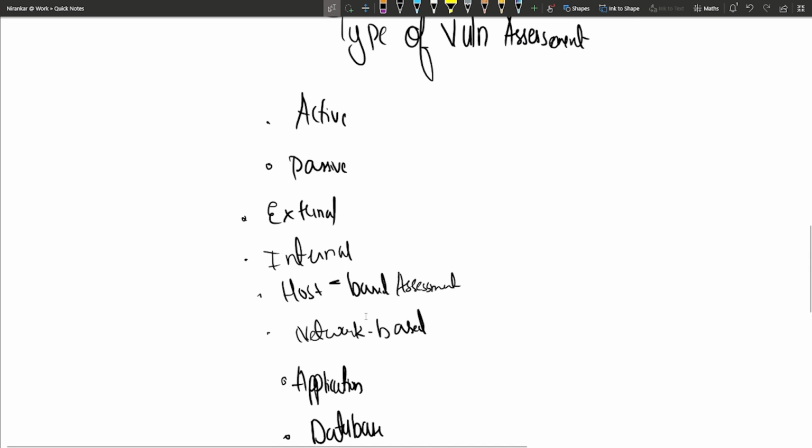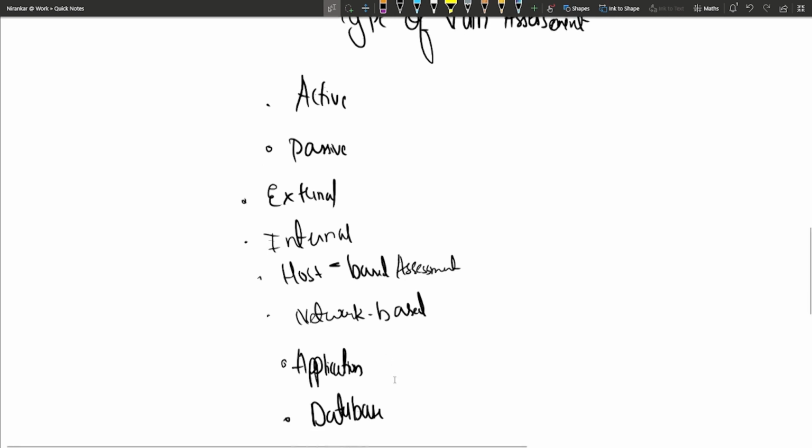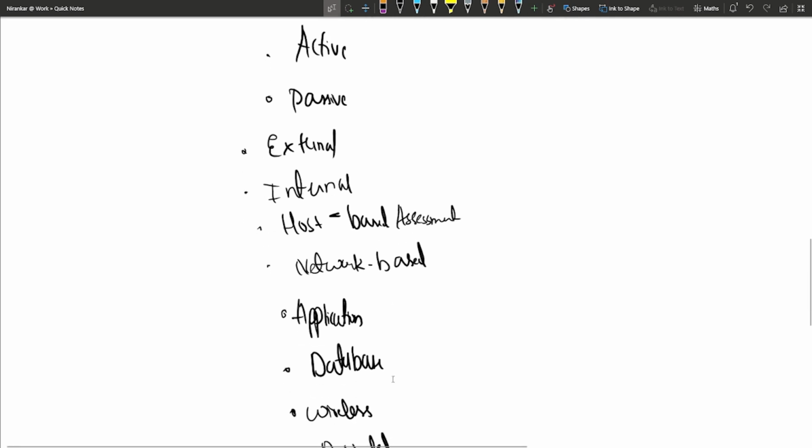So about the active assessment, they use a network scanner to find hosts and services and to find the vulnerabilities. In passive, we sniff the network. In external, we assess the network, and in internal, we have to scan the internal infrastructure. About the host based, we conduct a configuration level check.